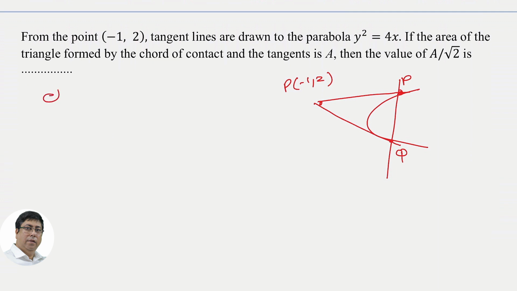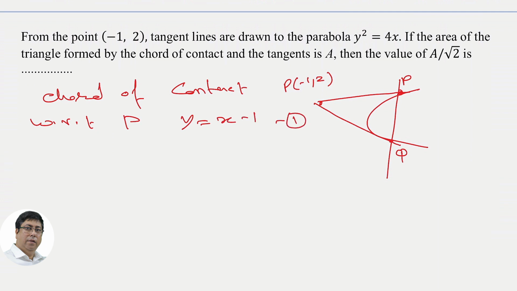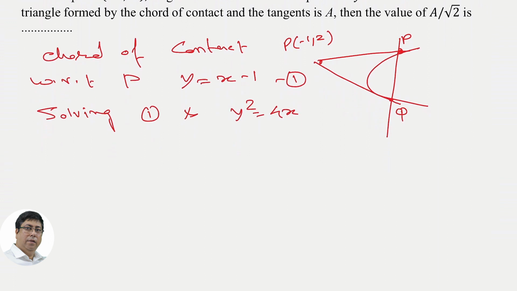So the chord of contact with respect to P is as if it is a tangent. So y equal to x minus 1, and solving this with y square equal to 4x, if we solve, what are we getting? y square equal to 4y plus 4.